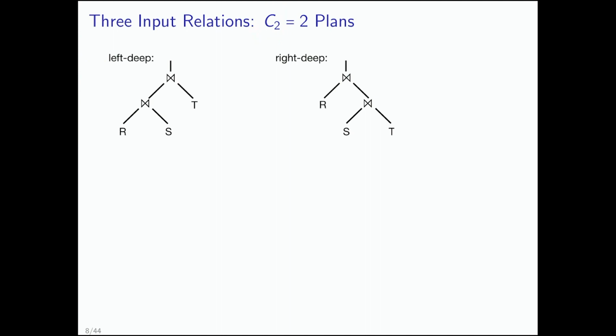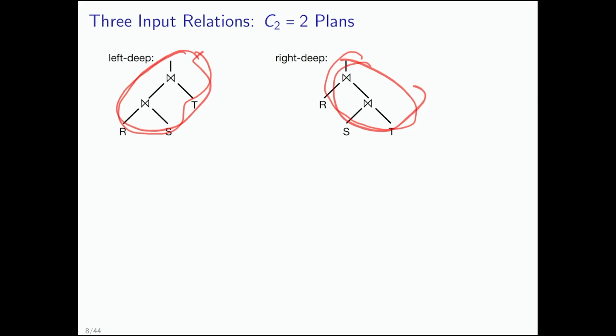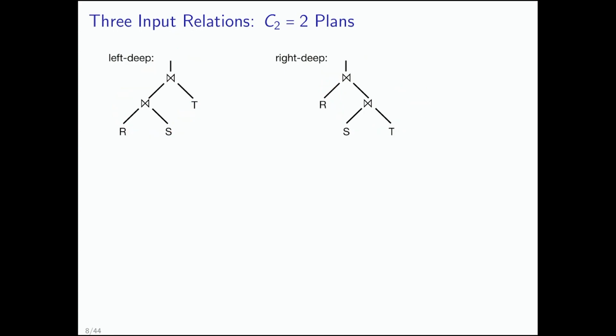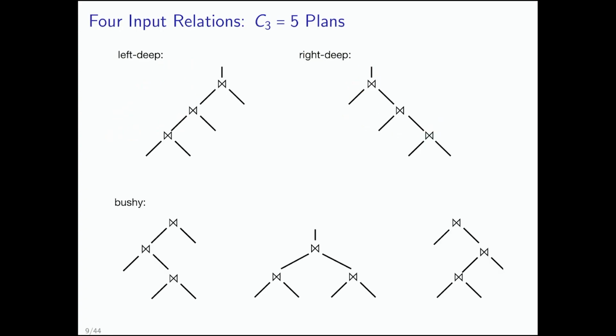That's a tree structure like this, and a tree structure like that. This plan is called the left deep plan, that is called the right deep plan. There are no more options for joining these relations in terms of the tree structure. Ignore how these leaves are labeled for the moment. If you look at the internal structure of this tree, those are the 2 options you have for 3 input relations.